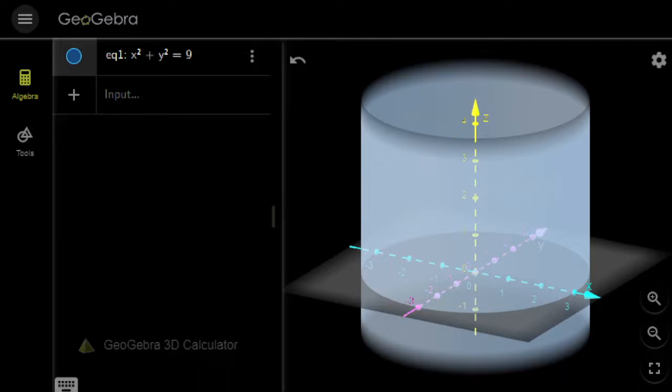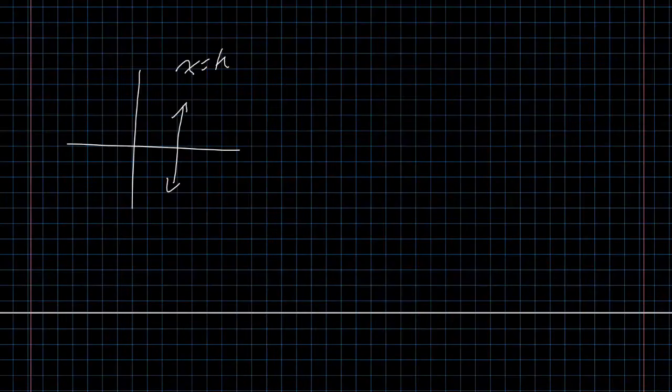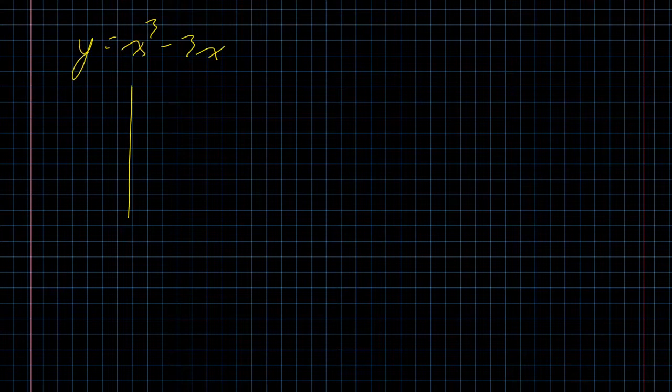I can do that with any sort of an equation. It doesn't matter what the equation looks like. It doesn't even matter if it actually connects at the ends, although GeoGebra can be a little bit finicky sometimes with setting that up. So for example, if I look at the equation y equals x cubed minus 3x, I know that I can graph this in 2 dimensions.